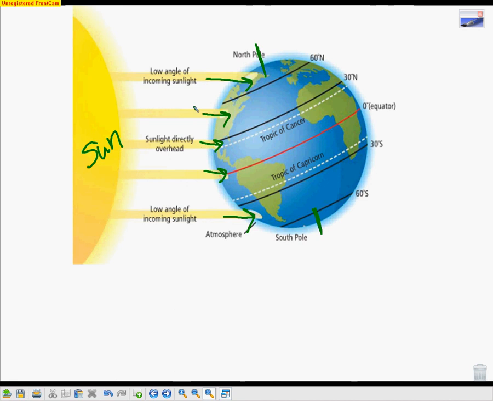In this area right in here, the sunlight hits the Earth at a more direct impact. The angle is almost, if you think about math class, a perpendicular type of angle. If this little arrow that I put on here is the sun, it's hitting it straight on.